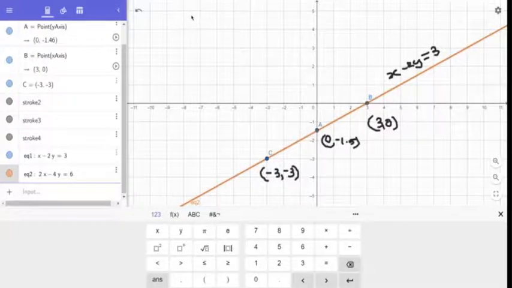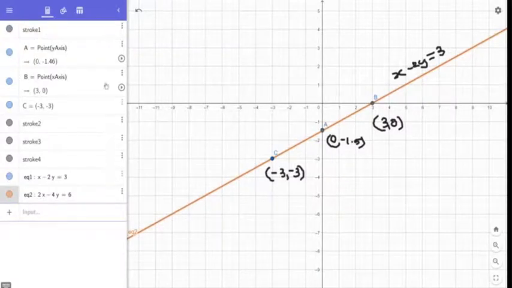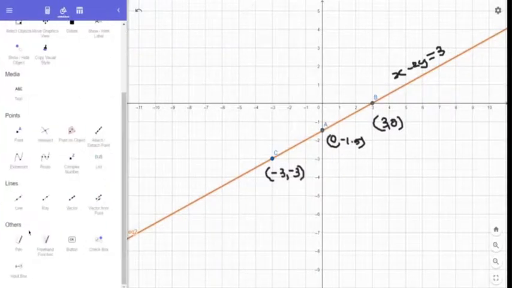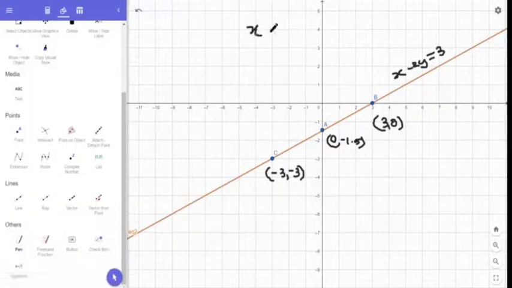So, now there is one more interesting thing, children. The equation we took is x minus 2y equal to 3, and the second equation is 2x minus 4y equal to 6. Do you find any connection between these two?